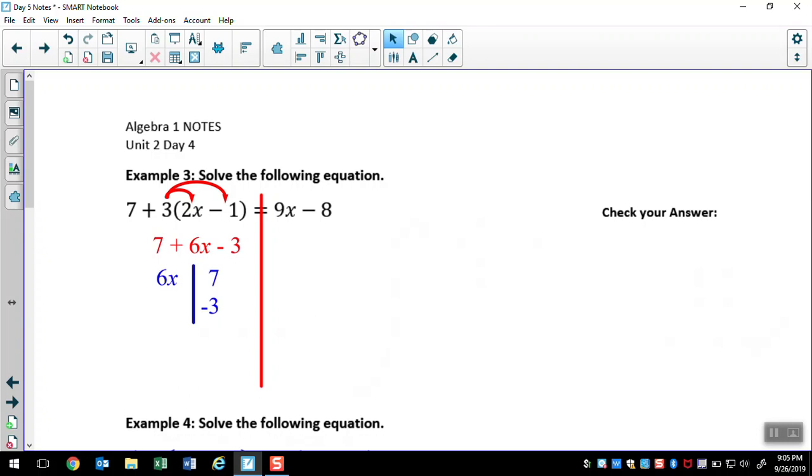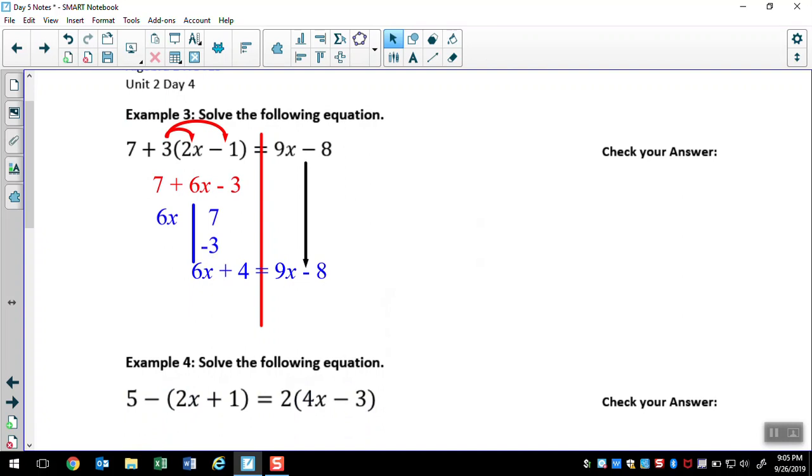I don't change any signs. I'm not using any additive inverses here. Those are all on the same side. We're just ignoring that this part's over here. So I have my 6x, my 7, and my negative 3. Now I can combine them all together, and we end up with 6x plus 4. And then I'm going to just bring this 9x minus 8 down.